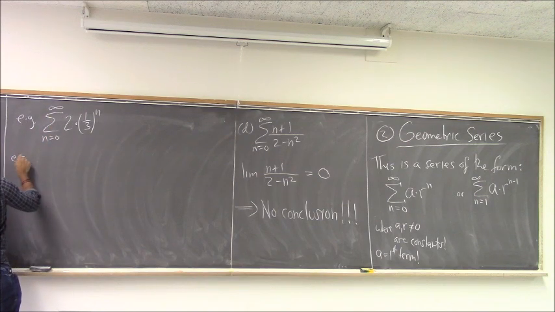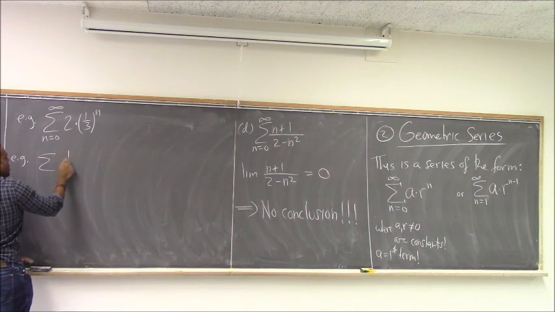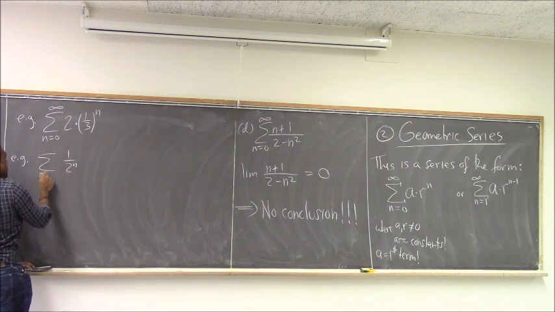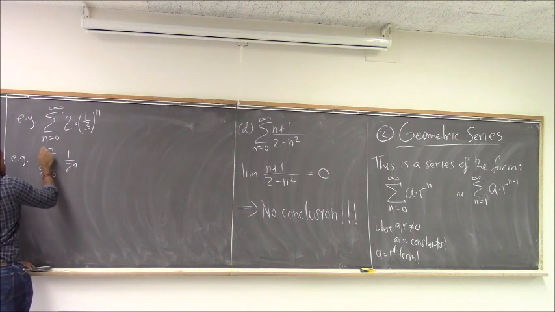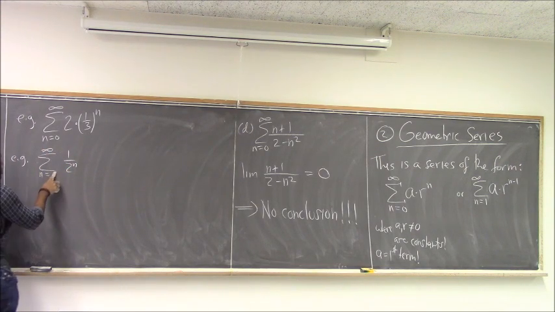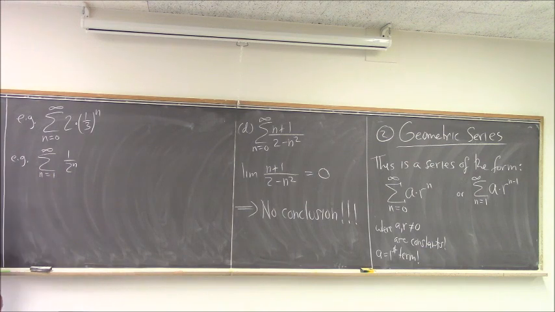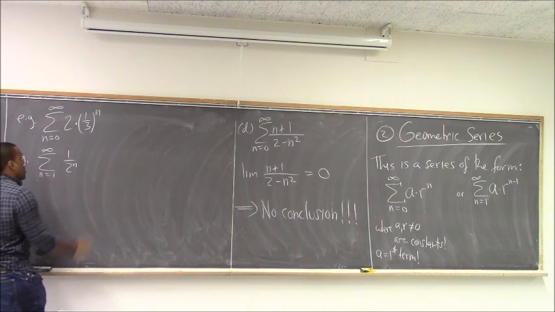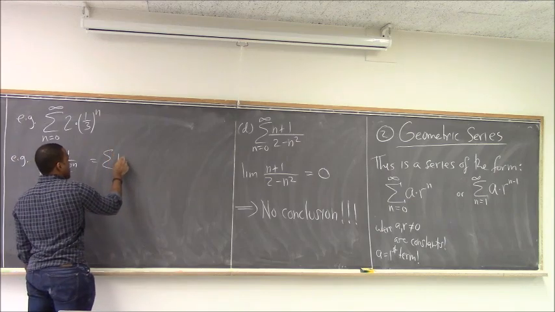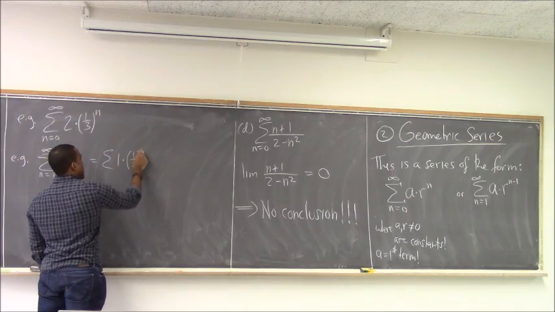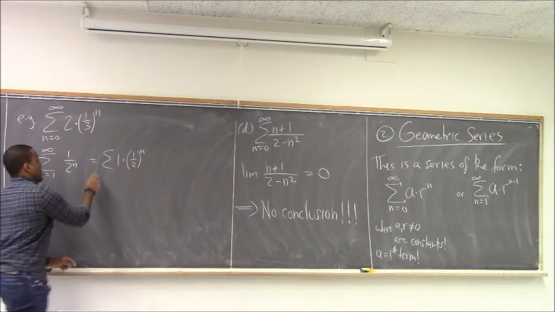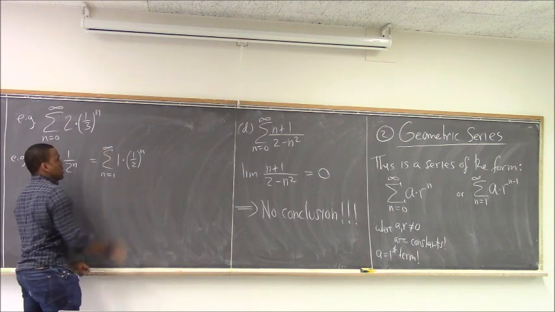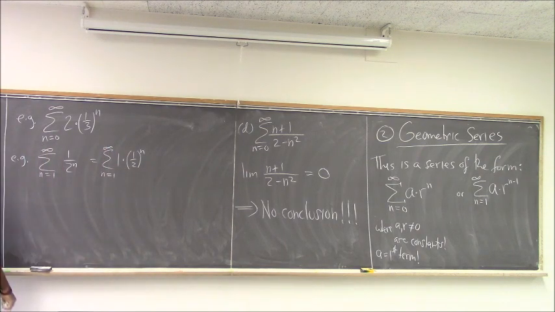Or if you look at this guy, which is the one we actually saw last time, you could think of this as 1 times a half to the n. This is a geometric series. This was the thing from Zeno's paradox.